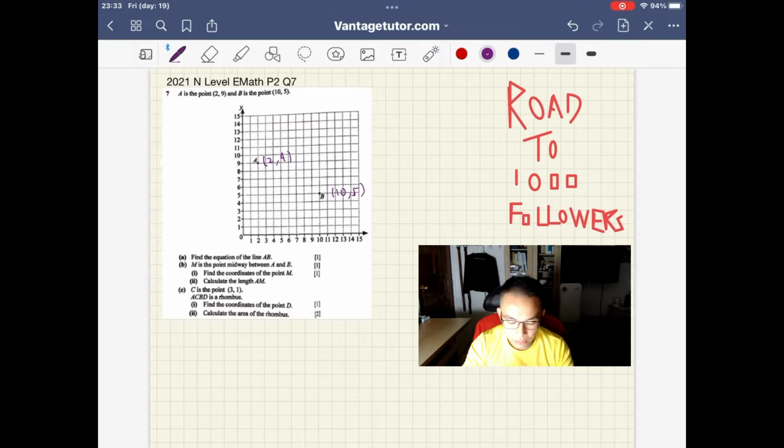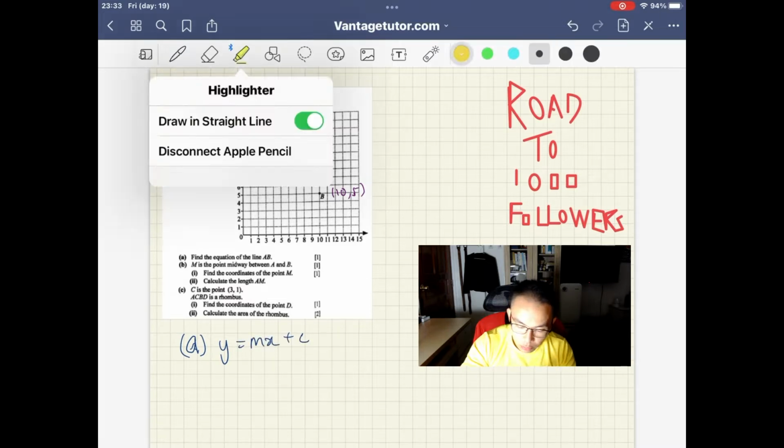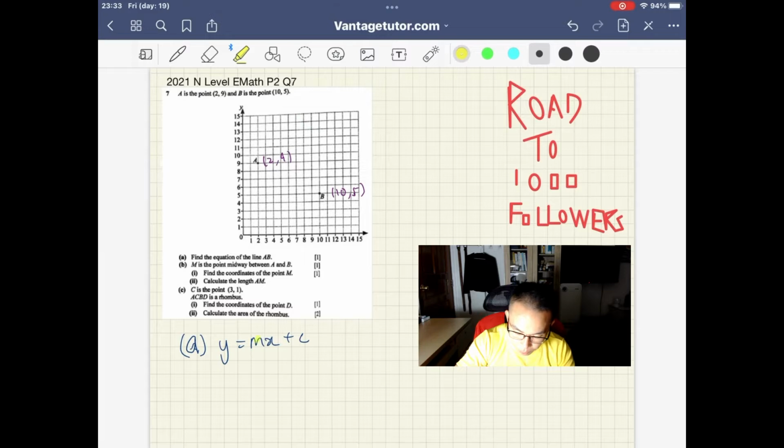So what's next? I need to find the equation of line AB. If you recall what I said in class, to find the equation of a line you always need to find two things. The equation of a line follows y equals mx plus c, and the two main unknowns are m and c, where m is your gradient, and c is your y-intercept.